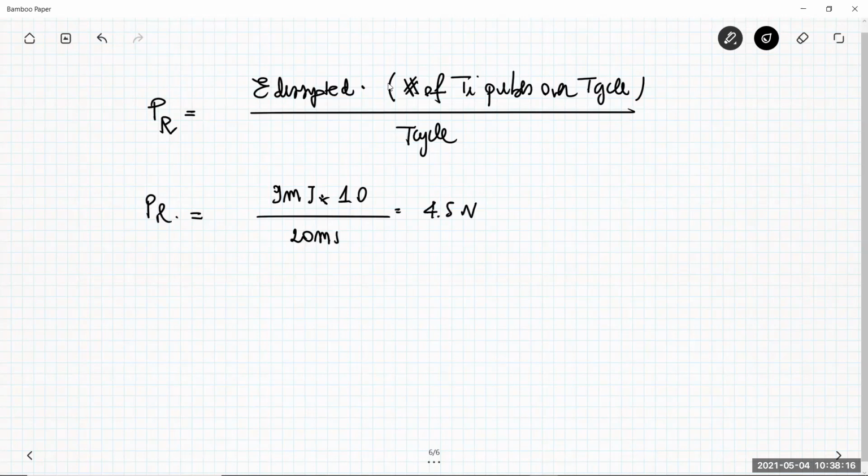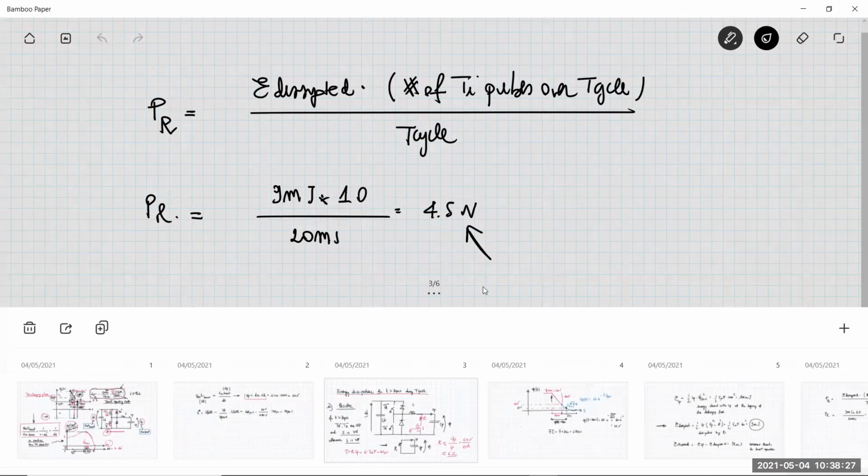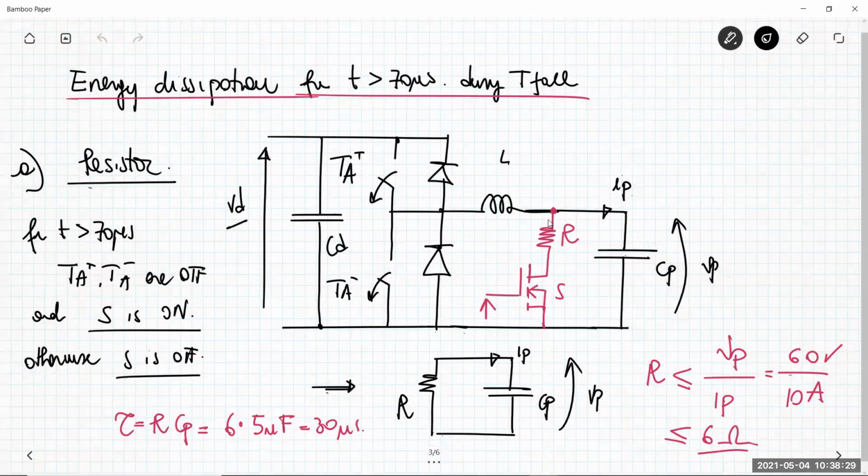So basically this is not exaggerated, but it's somewhat large. It means that this resistor that we added here is bulky and heavy, and it requires a certain dimension, because you have to dissipate almost 5 watts.